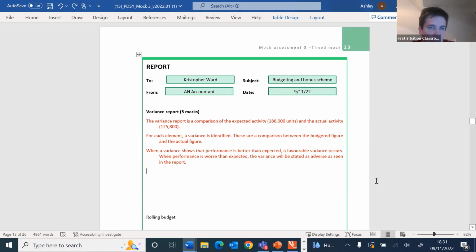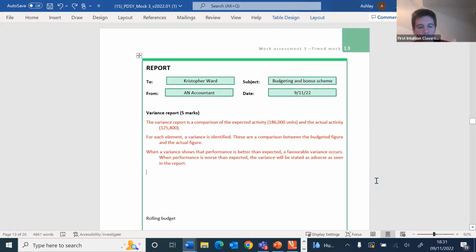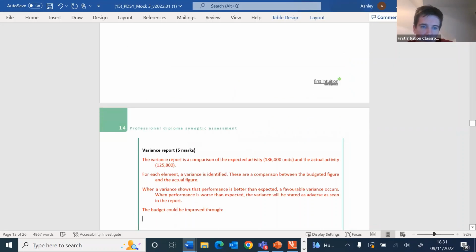Now read the question carefully. You're just asked, rather than to state the issue, so that might come into your answer to facilitate a recommendation, to come up with, as you can see here, ideas on how it could be improved. I'd make it as clear to the assessor, the marker, as possible. So I would say something like, budget could be improved through, and then I'd come up with a couple of ideas.